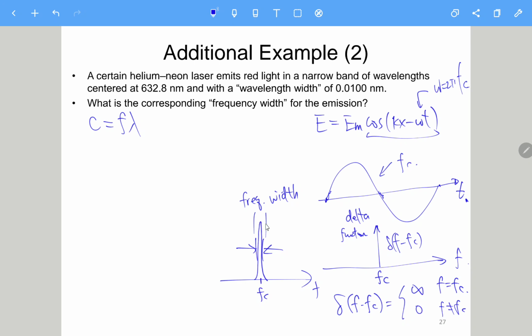And as much as we have a frequency width, we should also have a wavelength width. If you take the reciprocal of the frequency, for this point, which is slightly larger than fc, and fc corresponds to lambda c, then this point corresponds to a point slightly shorter than lambda c.